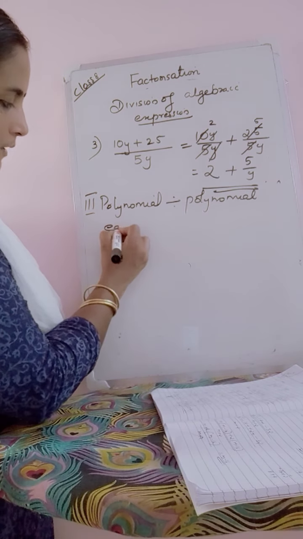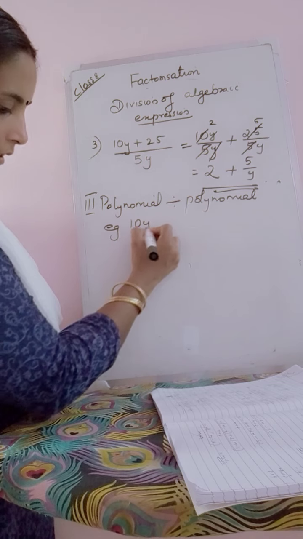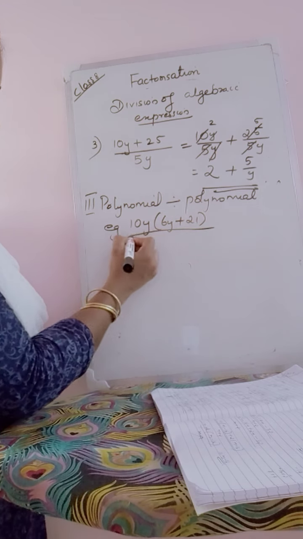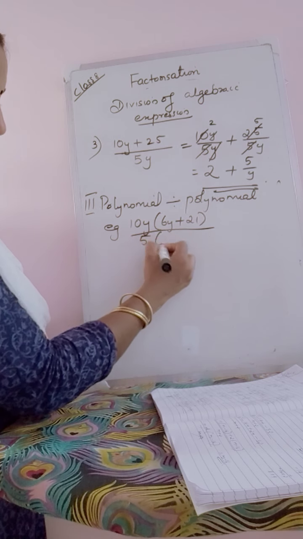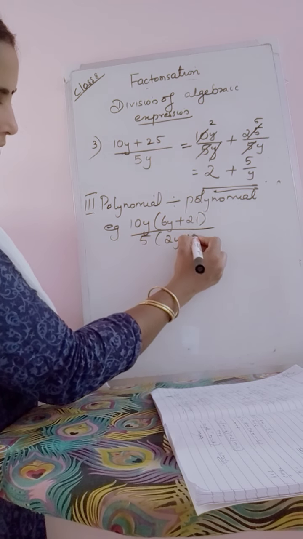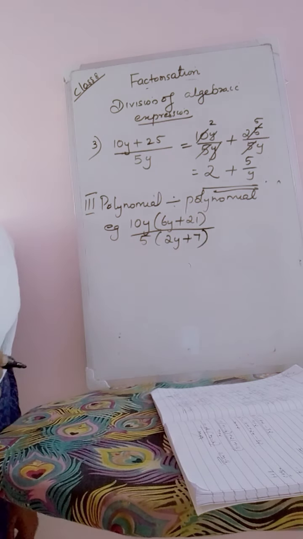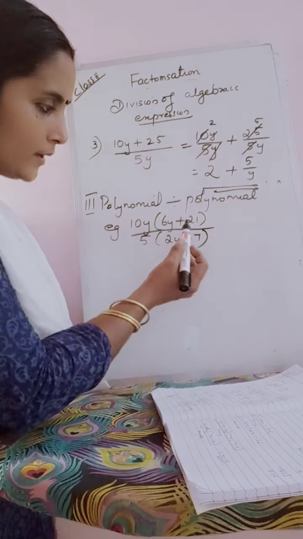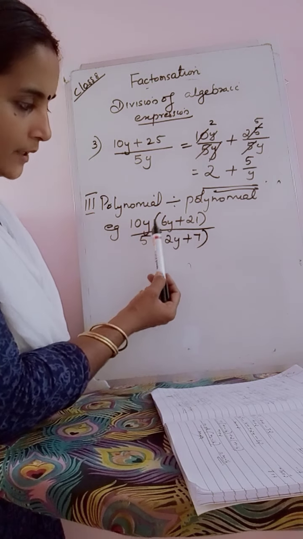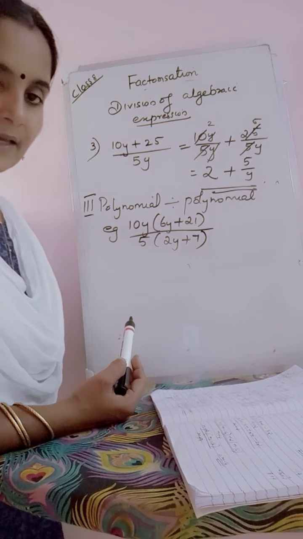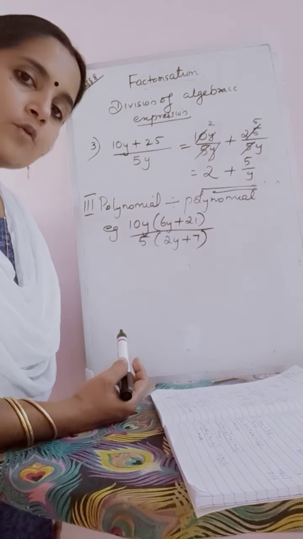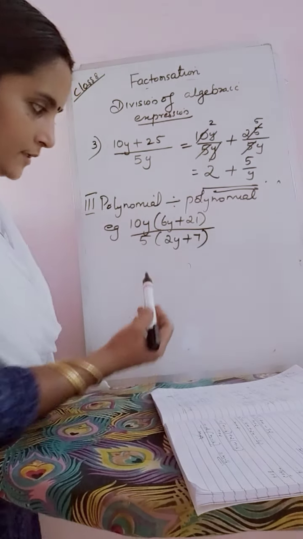Okay, an example: 10y(6y + 21) by 5(2y + 7). In some questions, if we take a common number from the numerator, then only we can cancel, or then only we get the common factors in numerator and denominator.